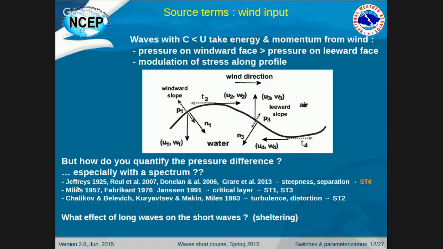Now, all these guys are more experimentalists, who made measurements of pressure over waves. Then you have the theoreticians that know nothing about the real waves, starting from Miles and looking at the instability of the waves. And actually that's a general thing also with internal waves in the atmosphere.